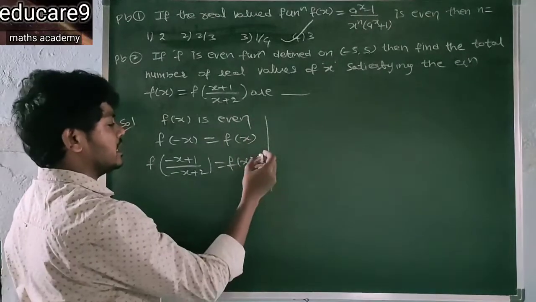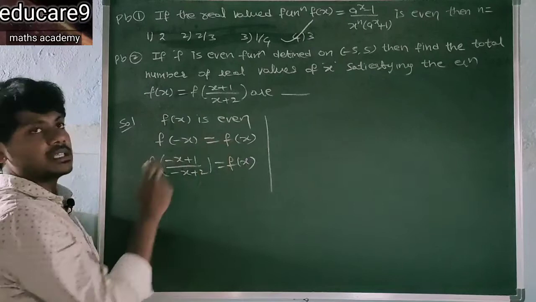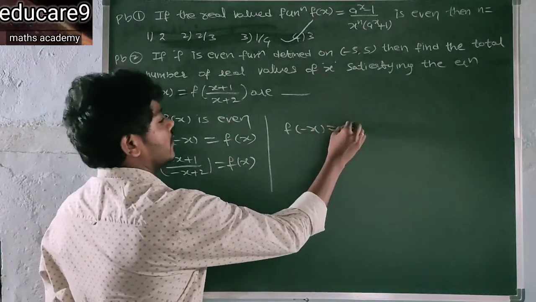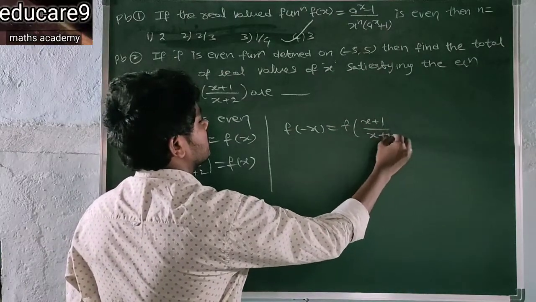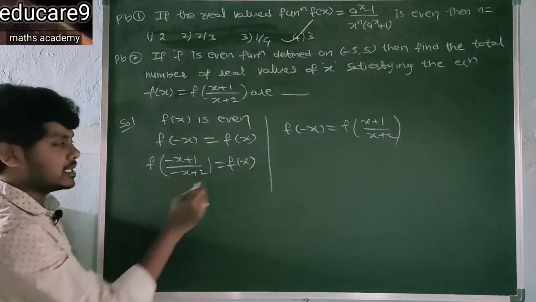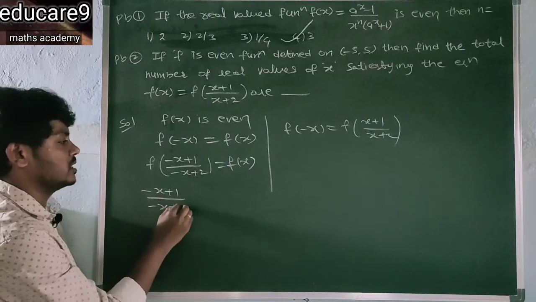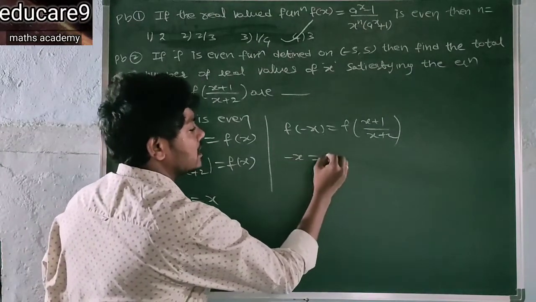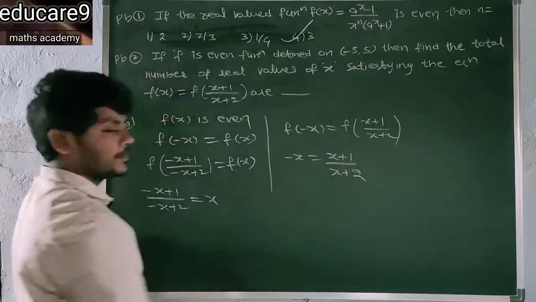And another condition: f of minus x is equal to f of x plus (x+1)/(x+2). So these are the two possibilities. Now equating this, minus x is equal to (x+1)/(x+2).